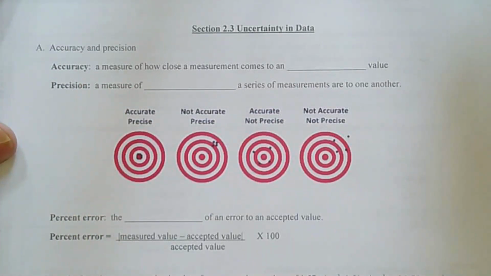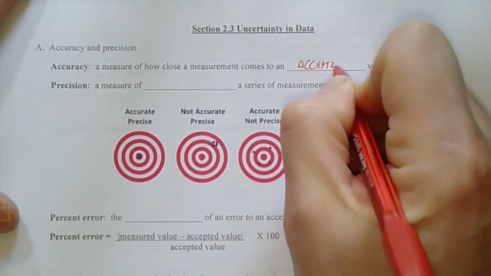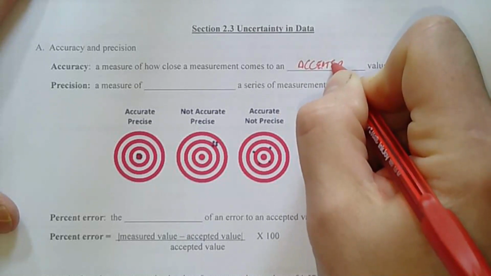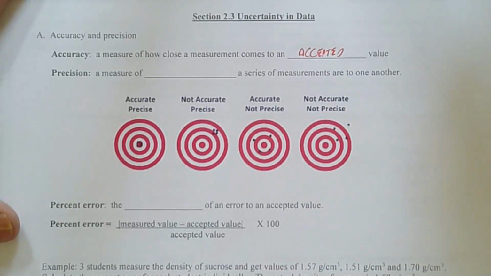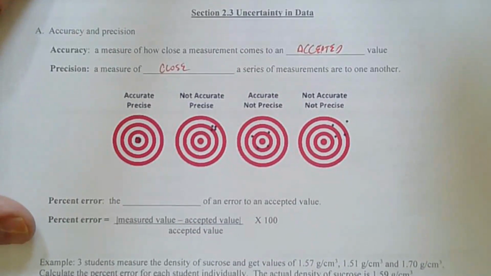Anyway, accuracy versus precision. In everyday usage, oftentimes they are used interchangeably, although they are not. Accuracy is defined as a measure of how close a measurement comes to an accepted value. Whereas precision is a measure of how close a series of measurements are to one another.